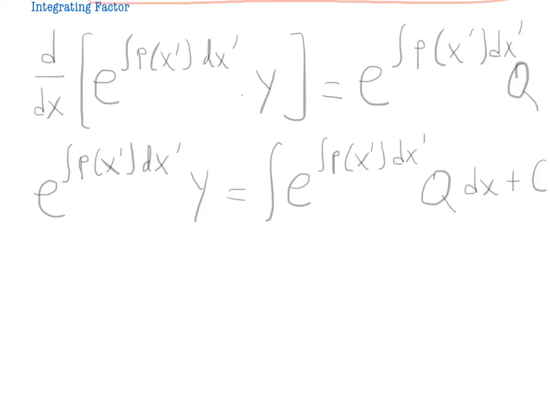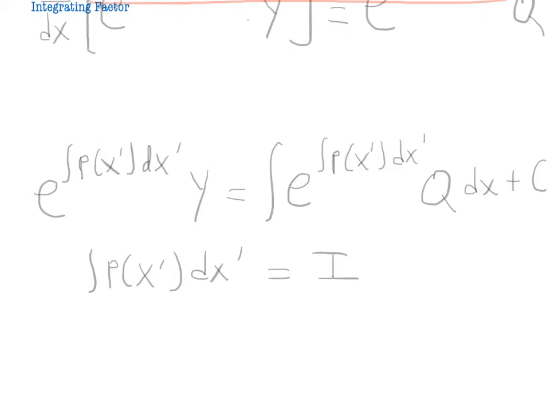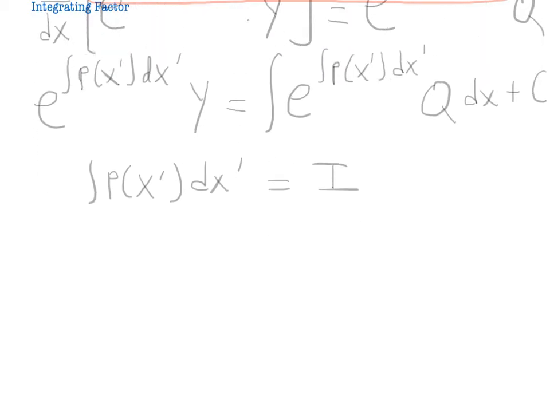And now, because it's getting to be a little tedious writing this out, and the exponential, I'm just going to call that I, and then let me just make some more space here. Now I could express y in the following way.